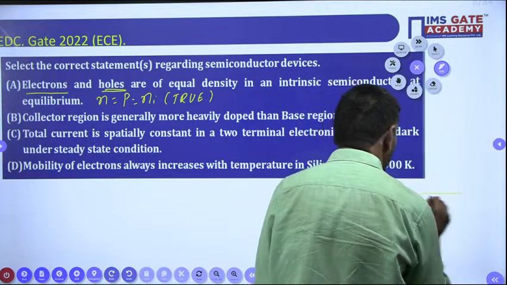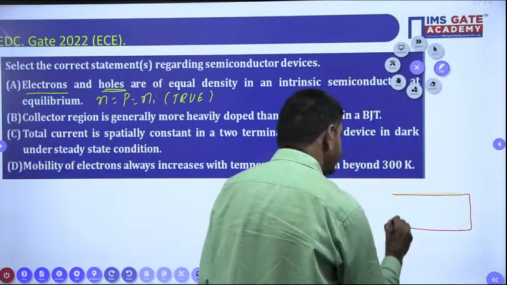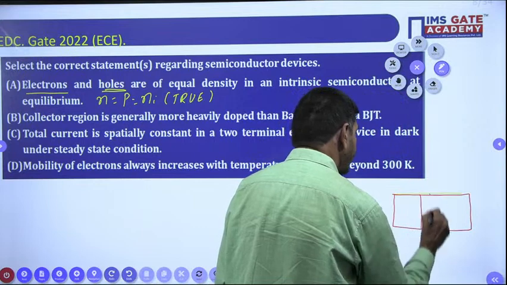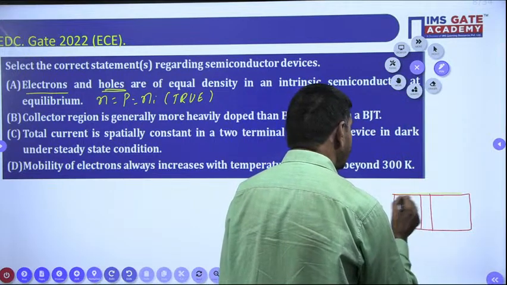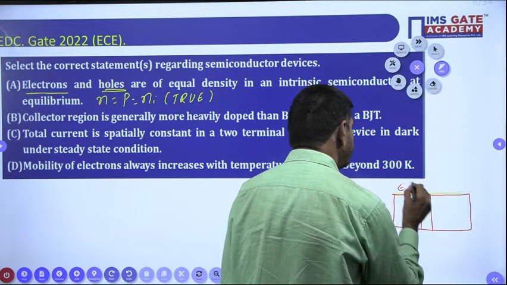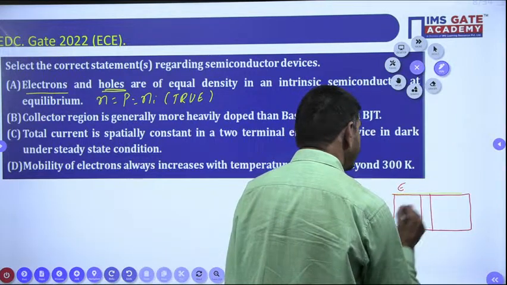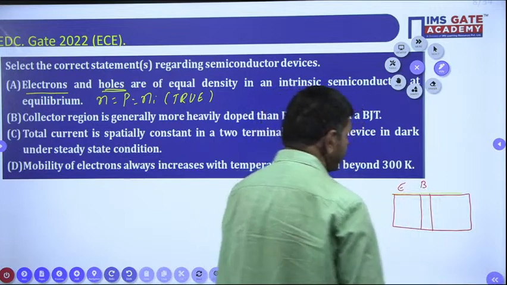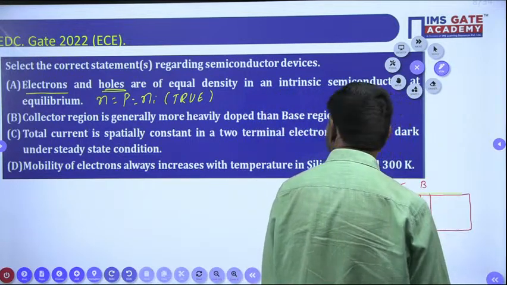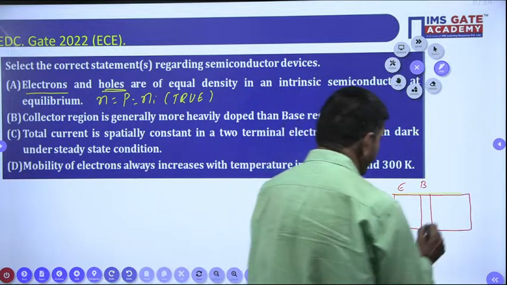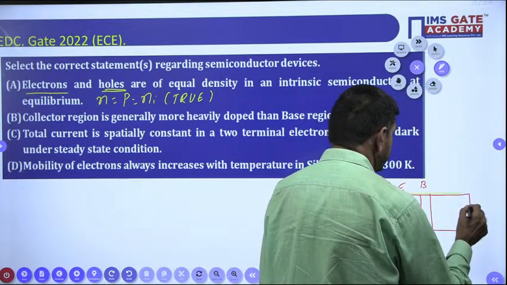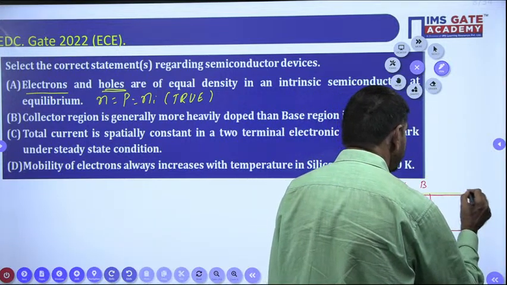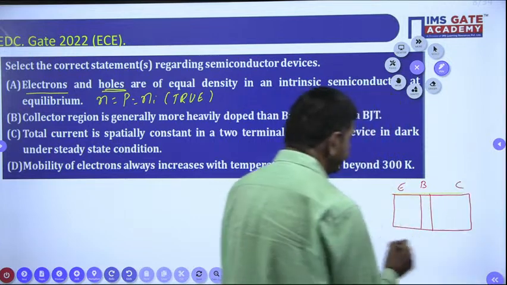Here you have the transistor, this is the emitter, this is the base, and this is the collector. Anyhow, we have 3 electrodes.